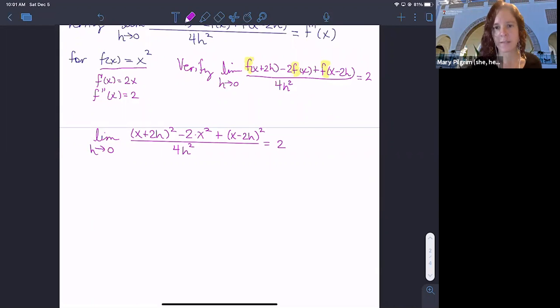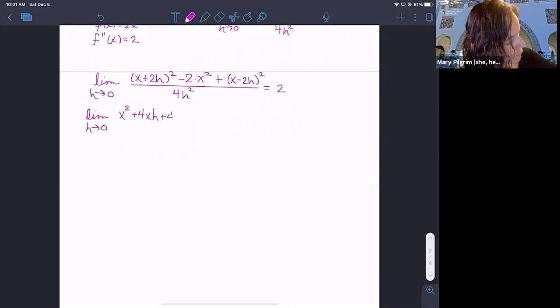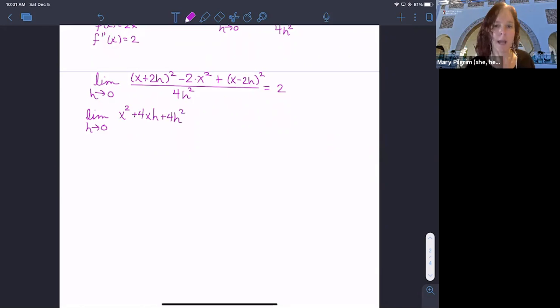And when you're verifying a statement, you need to typically manipulate one side to show that it equals the other side. You don't move stuff around between both sides. So I'm going to do a lot of algebra at this point. Squaring this binomial means I'm going to have x squared plus 4xh plus 4h squared, because I'm taking x plus 2h times x plus 2h, and I need to multiply that out.